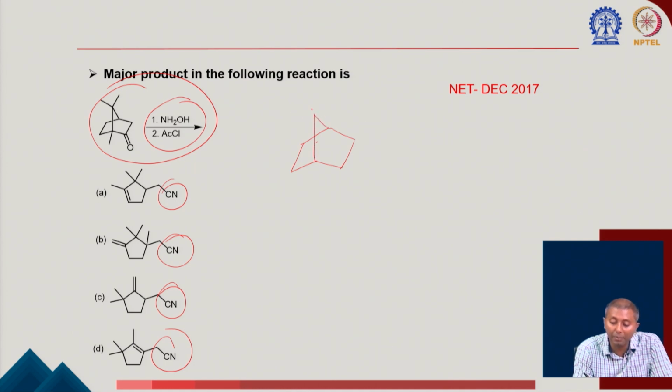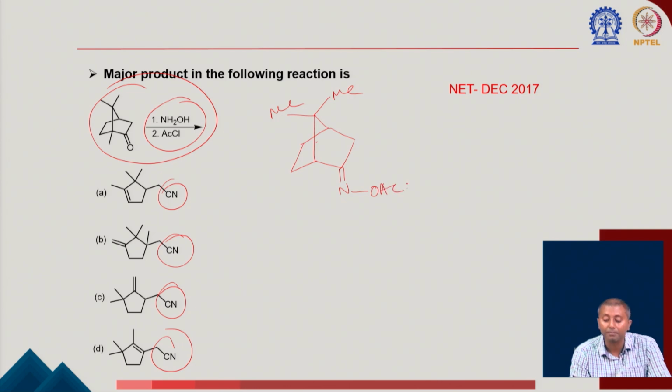And again if you remember, the Beckmann fragmentation only happens when you have a possibility of stable carbocation formation. So first thing, the reaction of hydroxylamine with the ketone will generate the NOH, which will react with the acetyl chloride to form OAc, correct.